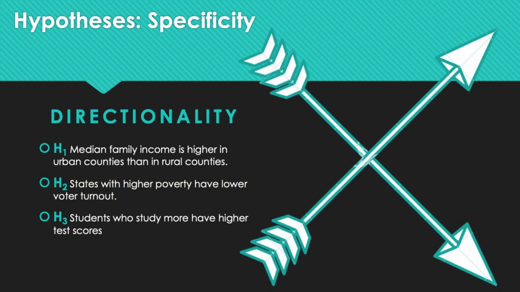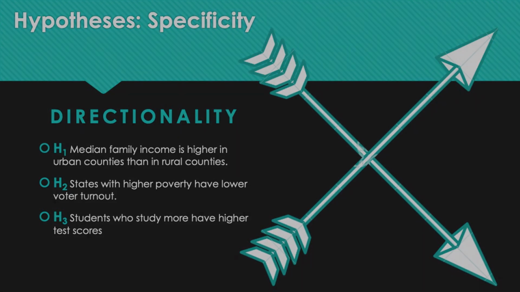And then lastly, students who study more have higher test scores. So here our unit of analysis would be individual students. We would examine the amount of time that they spent studying, and we would expect as hours of time studying increases, we would expect test scores to also increase. So essentially a little bit more nuanced discussion here on directionality is that we can hypothesize positive relationships or negative relationships.